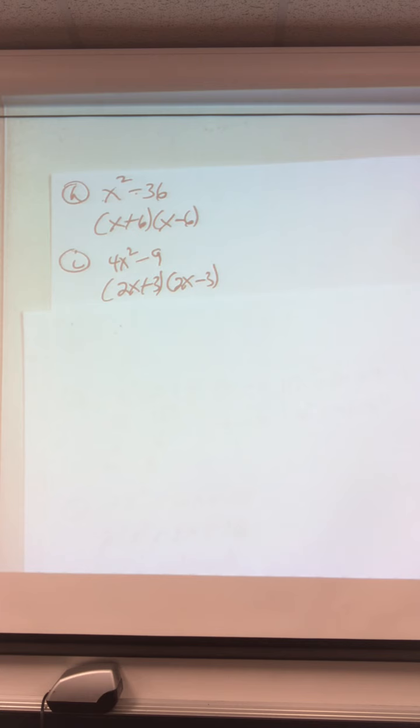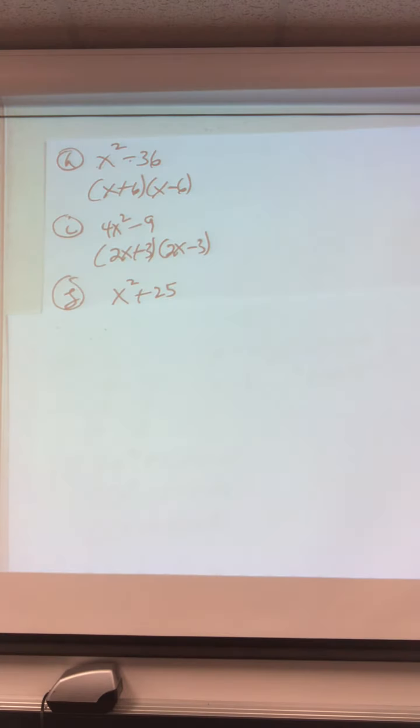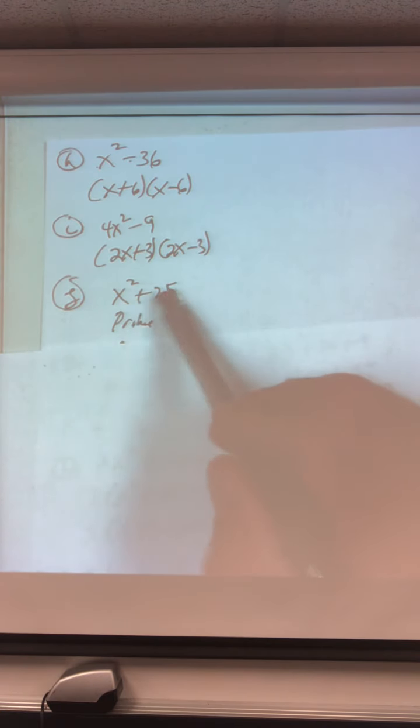Yes. 2x plus 3, 2x minus 3. Okay? X squared plus 25. Binomial, no GCF, that's out. Is this the difference of two perfect squares? No. Is it the difference or sum of two perfect cubes? No. So this problem is prime. It has to be a minus with perfect squares.